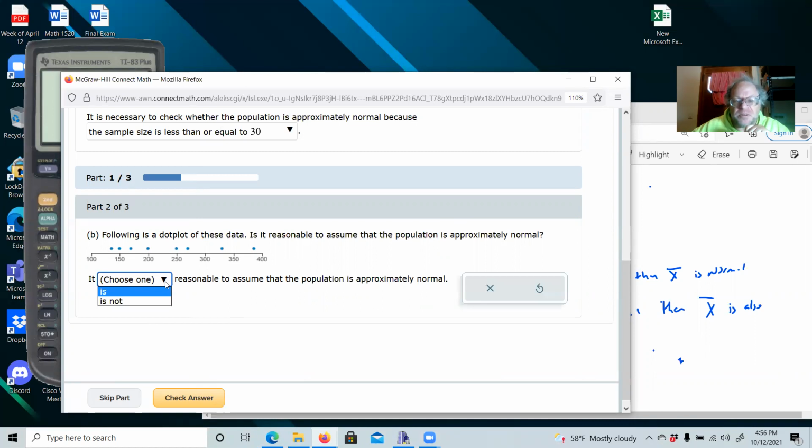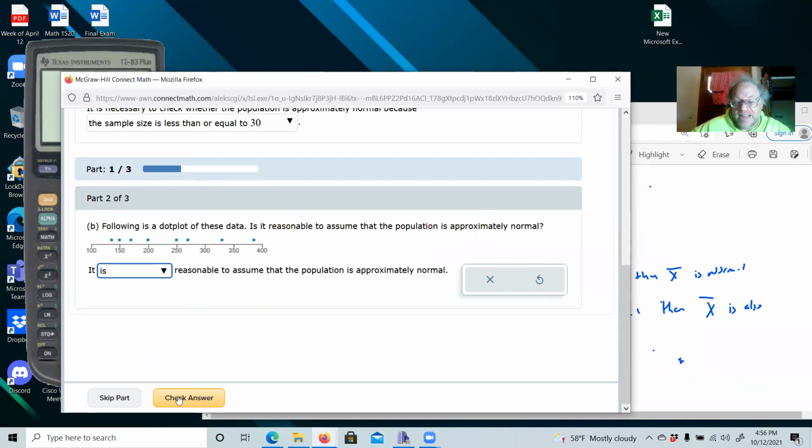There's certain things about your book that I like, and then there are certain things where it drives me nuts because they expect you to do this. Okay. So we're going to say it is reasonable to assume that a population is approximately normal. Why? Because we don't have an obvious outlier, or an obvious grouping up anywhere. So we're going to play along and say yes.